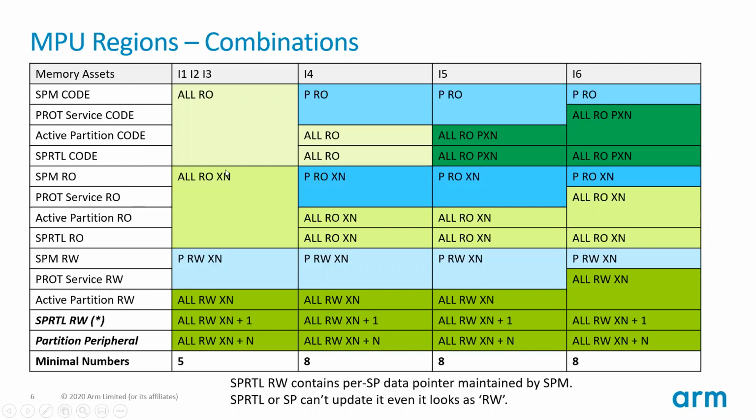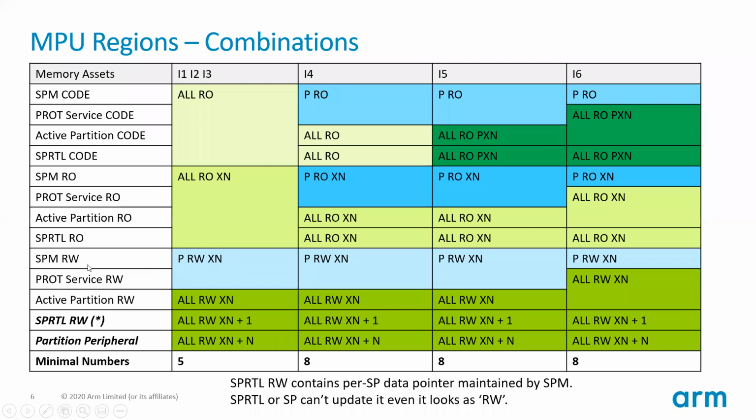So here with the code and read-only data, we could just use one MPU region for that because they are continuous and with different attributes. There's an execution-never attribute assigned for the read-only data because it is data, not code. And so does the read-write data.